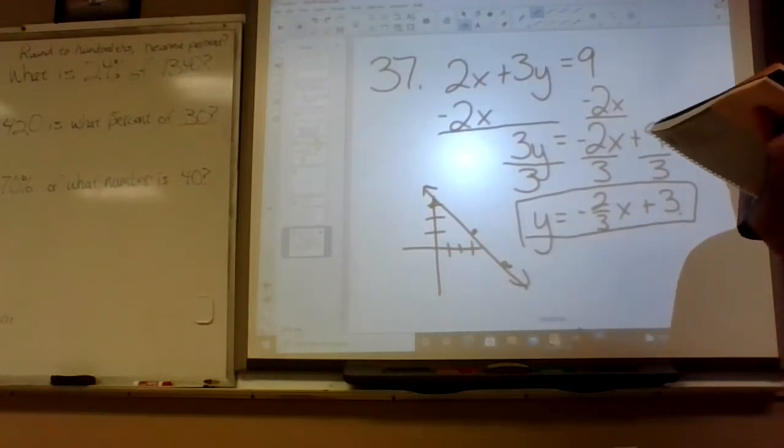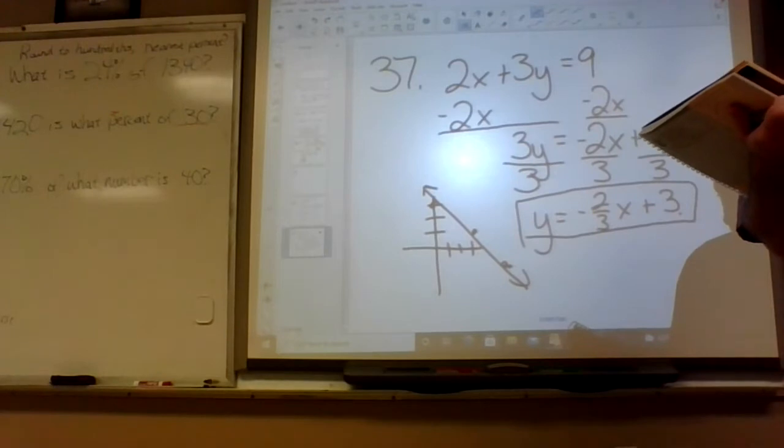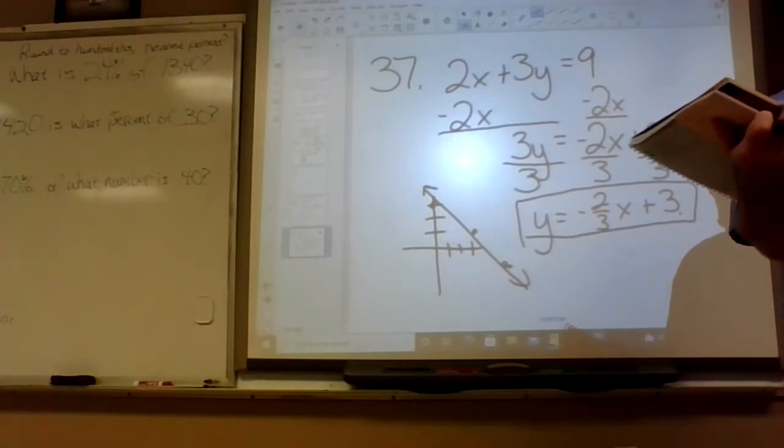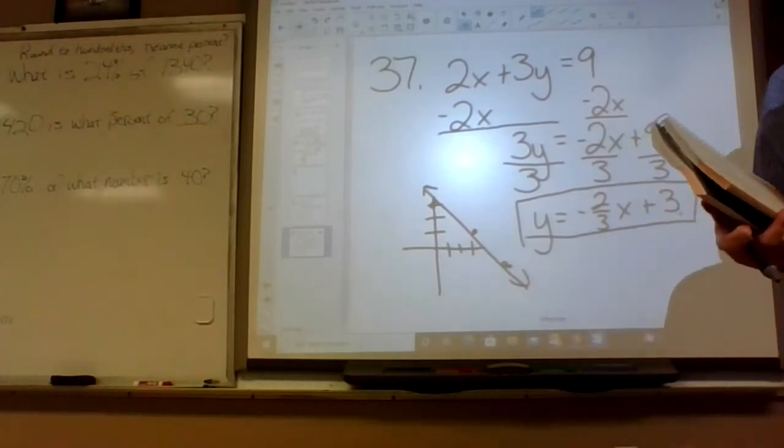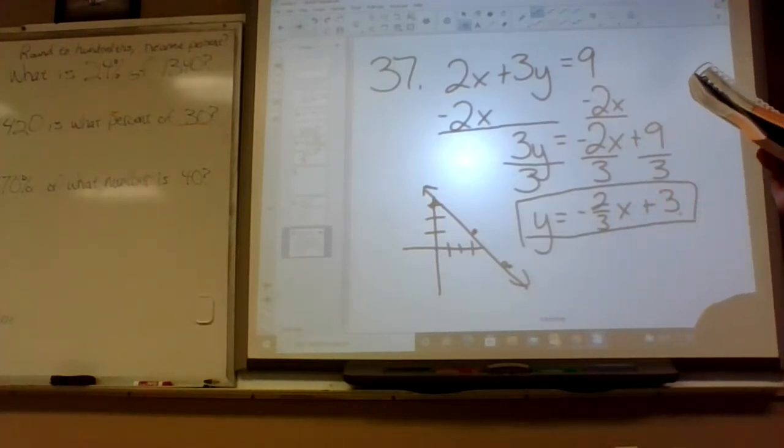Okay, on 39, it says, write the equation of the line through (2, 3), parallel to... So if we're writing an equation of a line, what is our answer going to look like?